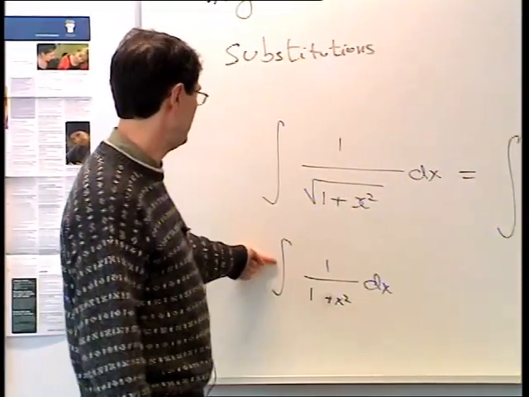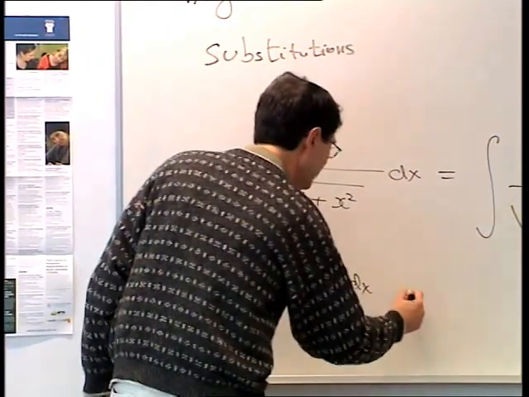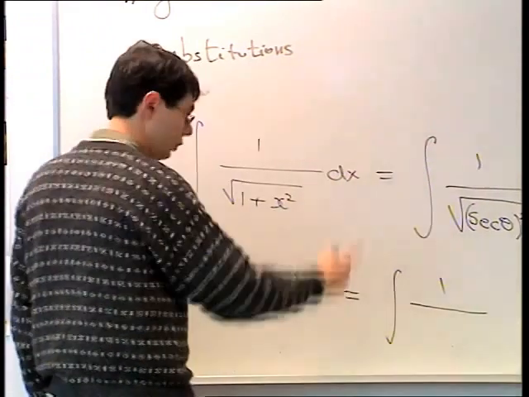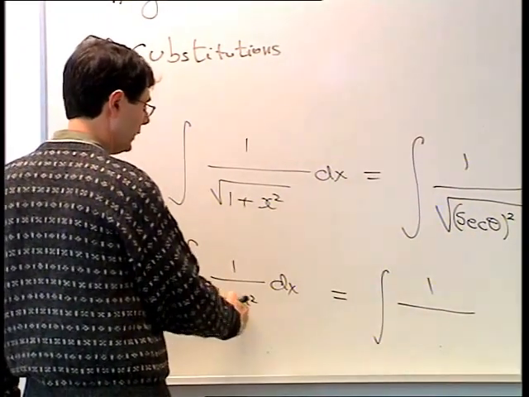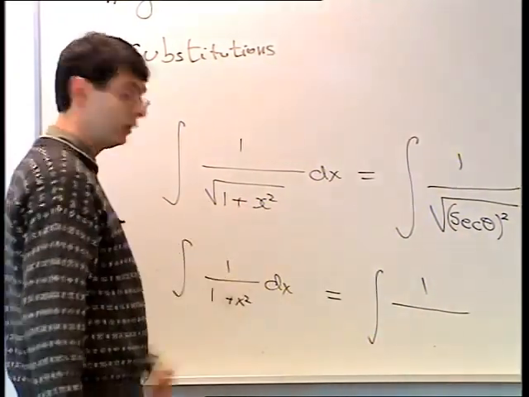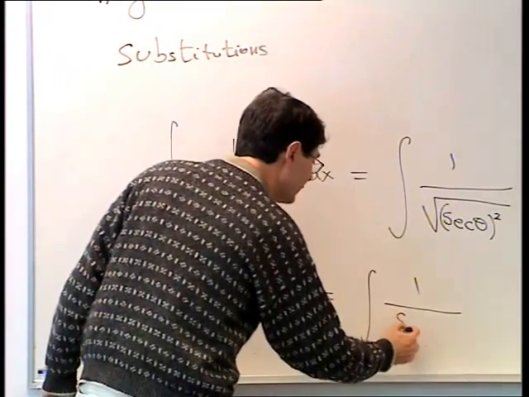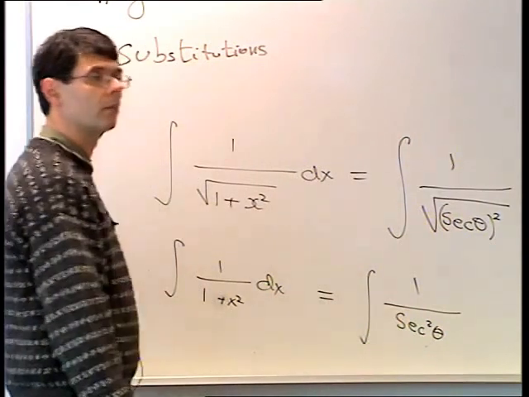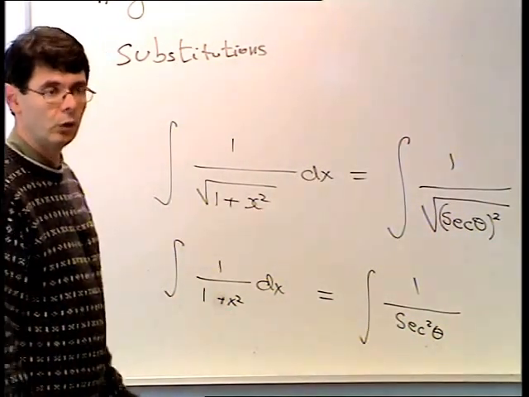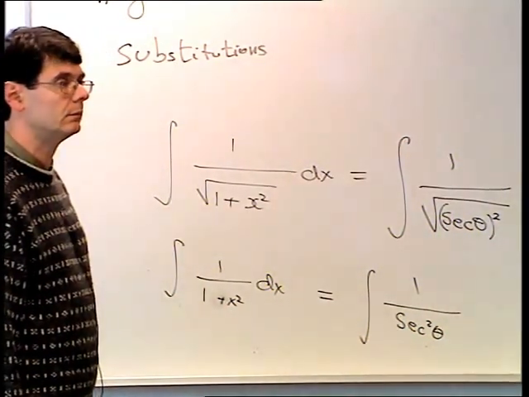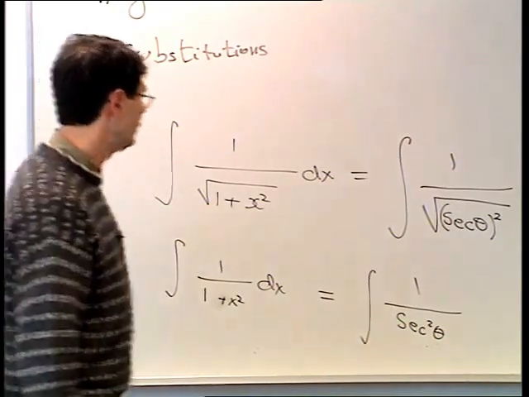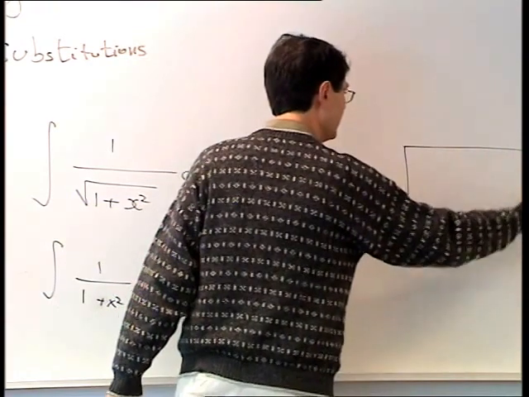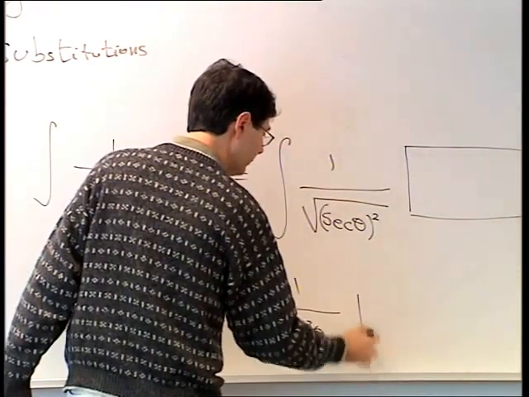If you do this in the denominator, by the way, you're going to get the integral 1. Now you don't have a square root, but you still have 1 plus tangent squared. So it's still secant squared. Here you have secant squared. But no square root. You still need to do the rest of the substitution. There is a dx in here and in here.